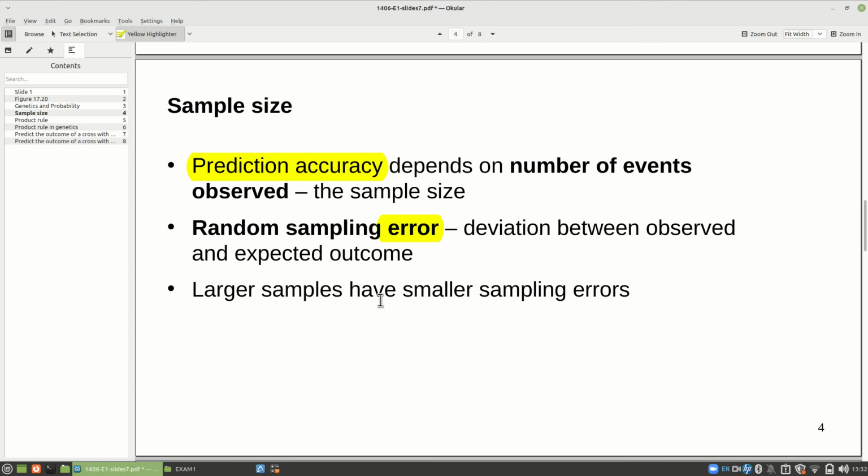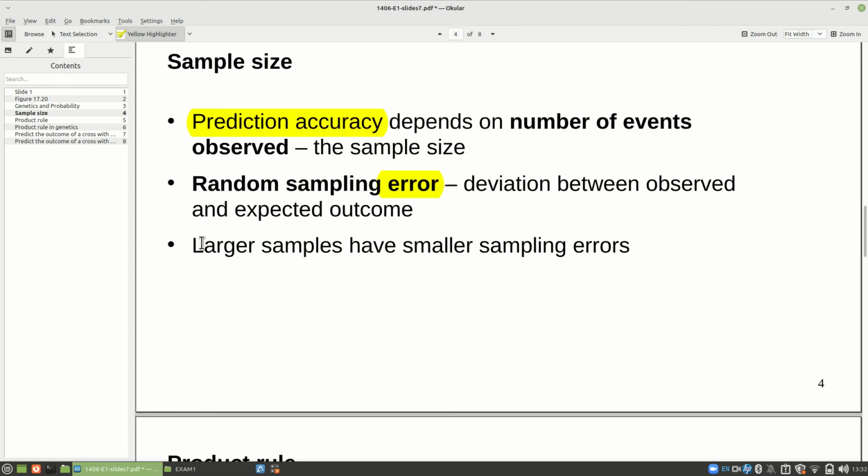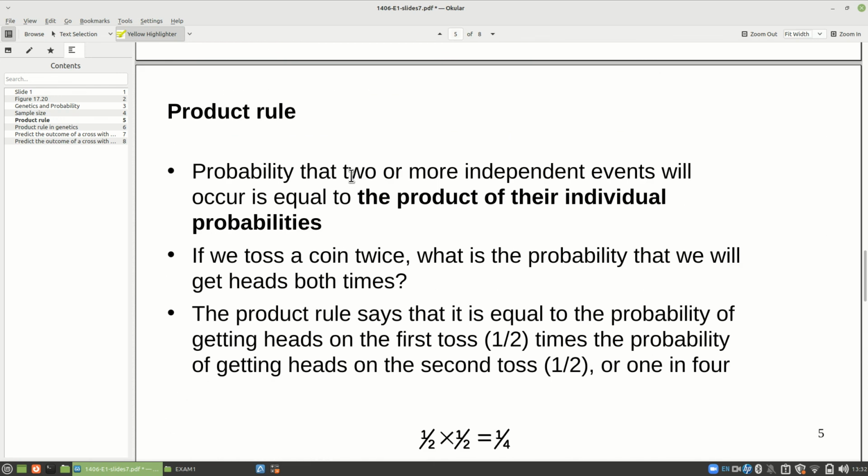And like I said, you should also know that larger samples, if we do the experiment many times and have lots of data, then we will have less error and more accuracy. So less error, more accuracy. And you have to use those terms. There is a difference between precision and accuracy. This one is accuracy.